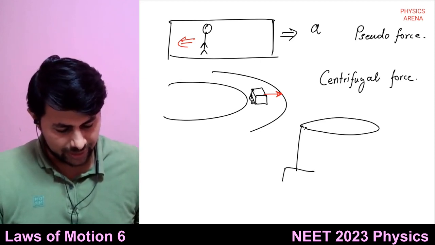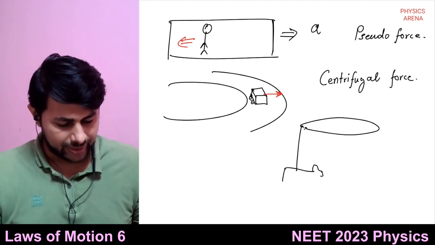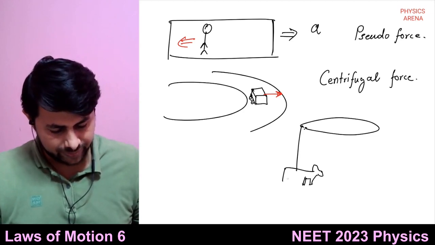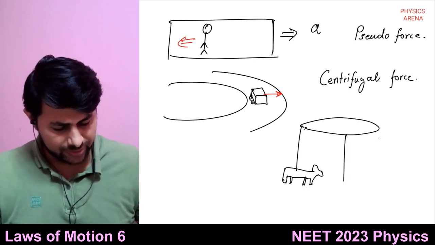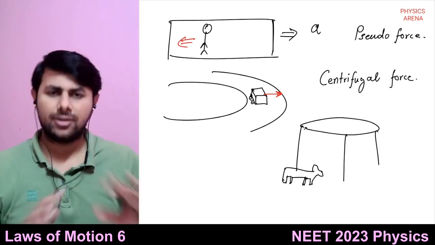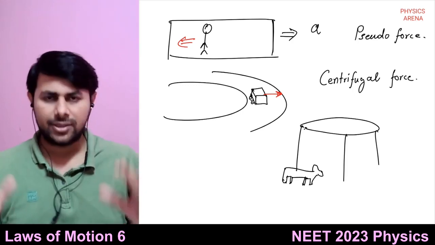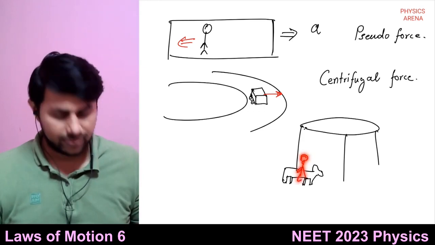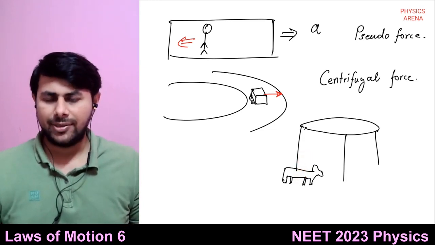Some animals, maybe horses, etc., are connected to them. There are n number of them, and this toy will rotate and you sit on this horse. What happens?